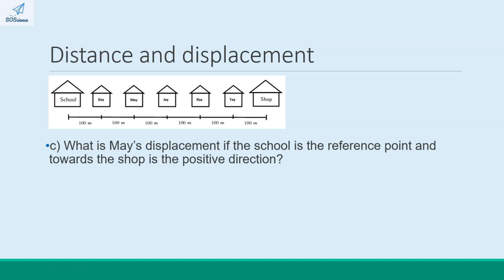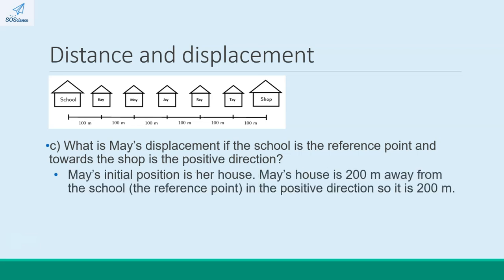The next question is, what is May's displacement if the school is the reference point and towards the shop or to the right is the positive direction, meaning that to the left would be the negative direction. Now, again, this is the same motion that we calculated before in question B. So we expect to get the same answer, but our xi and xf are going to have different values.